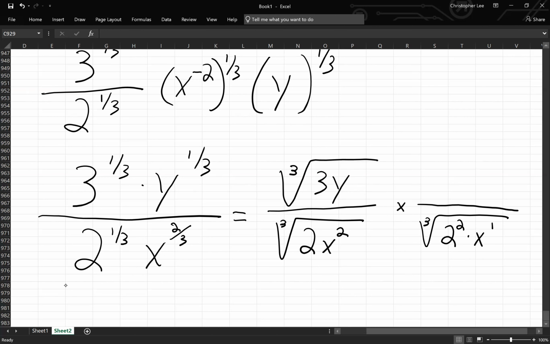Because look, I have one 2 right here. I need 2 more 2s to cancel it out with the cube root. I have 2 x's over here, so I need 1 more x to cancel that out with the cube root. But same thing, what you do to the bottom, you do to the top.